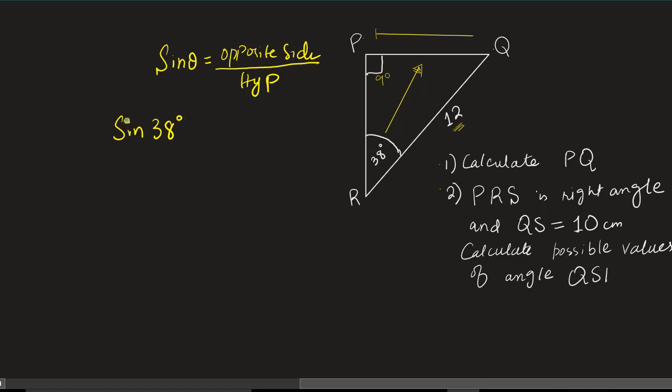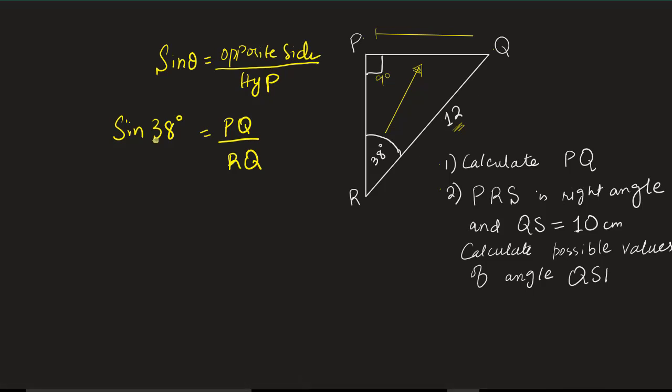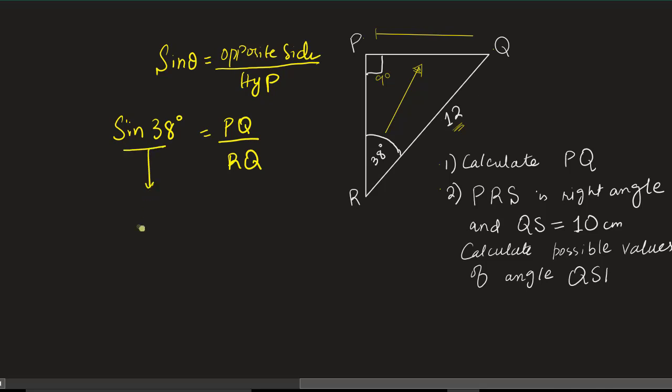Sine 38 is equal to the opposite side PQ divided by the hypotenuse RQ. After calculating, the value of sine 38 is 0.615. We have to find PQ, and RQ is given, which is 12.